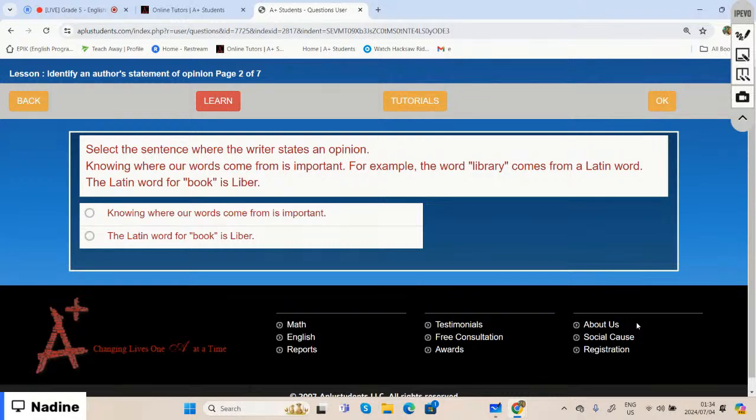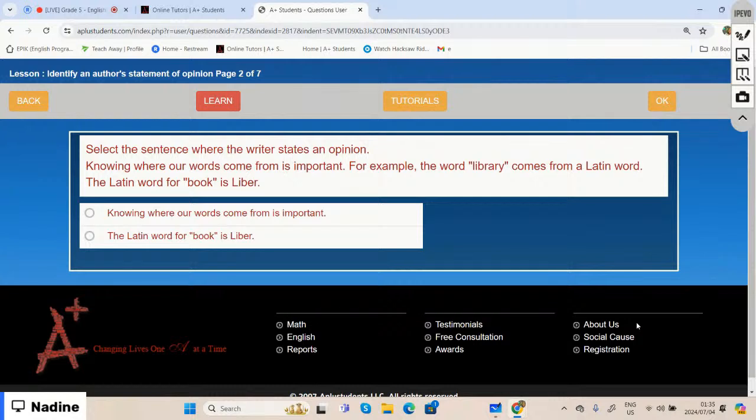Okay, so knowing where our words come from is important.